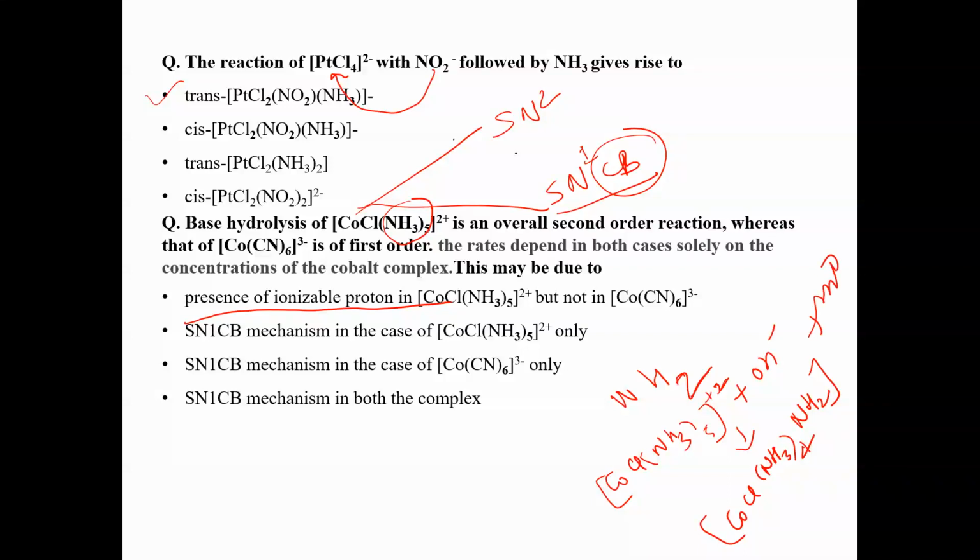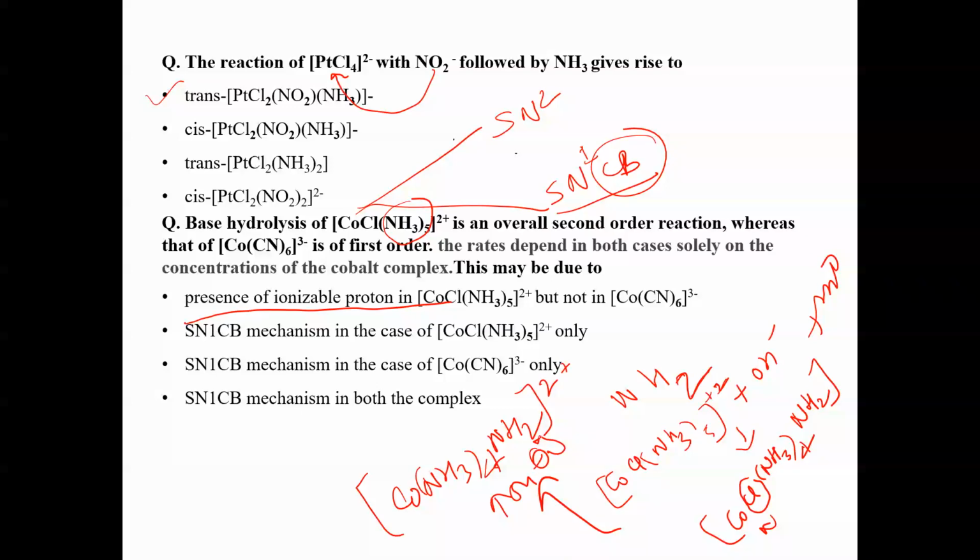Thereafter this chloride ligand will be detached, and this one is formed. After that this OH negative will attack here and replace this NH2. That will be the final product of this reaction. So this will be the right answer for this one.